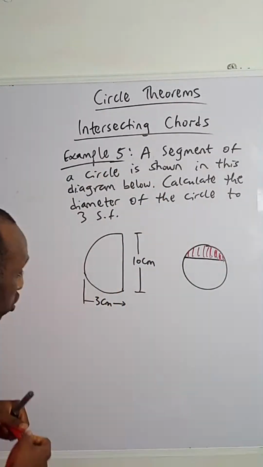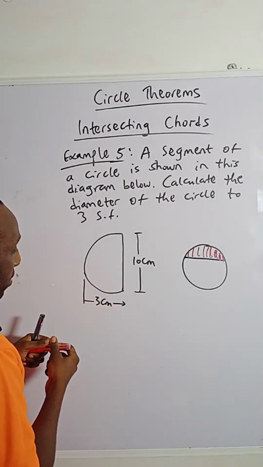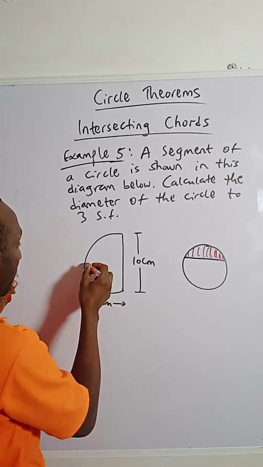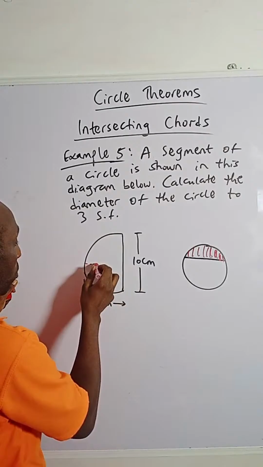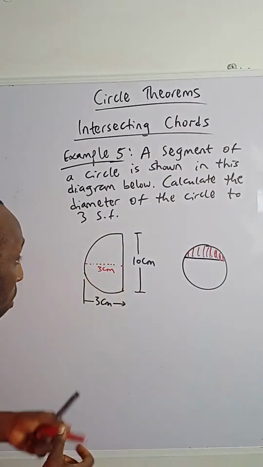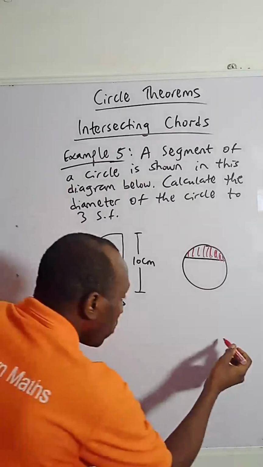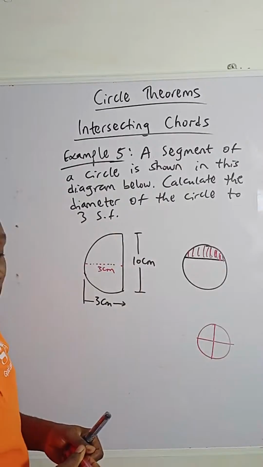They gave you 3 centimeters from this point to here. What we are going to use to solve this is still when you have 2 chords intersecting in a circle.